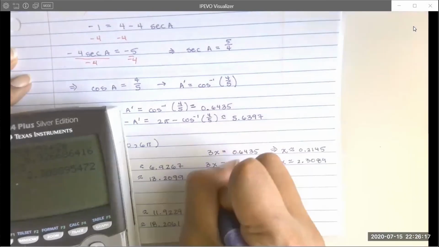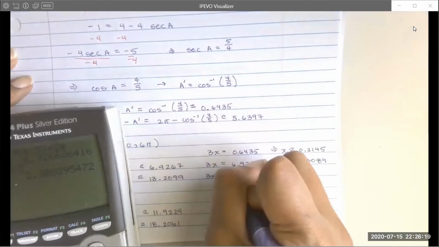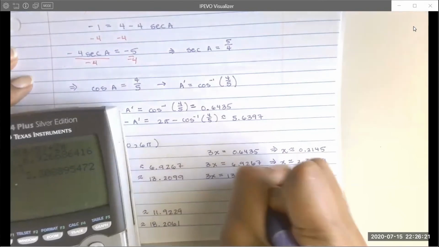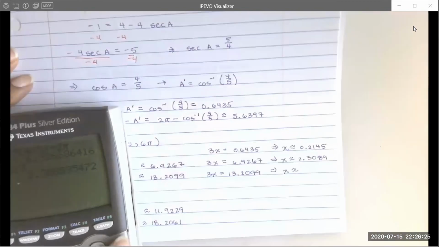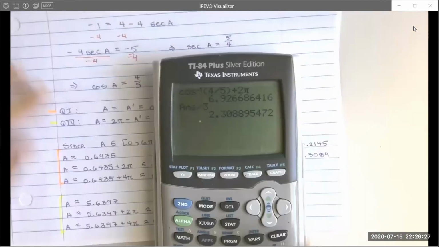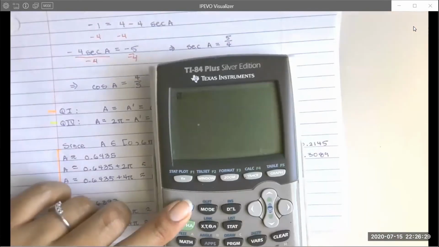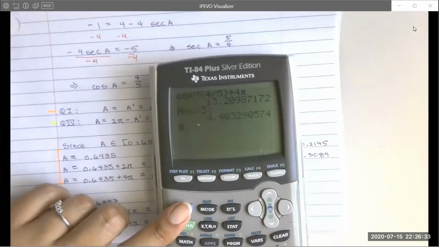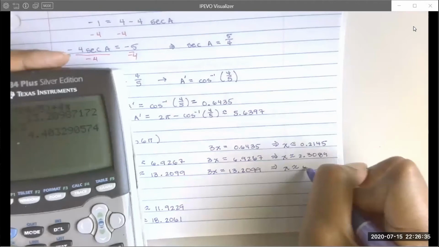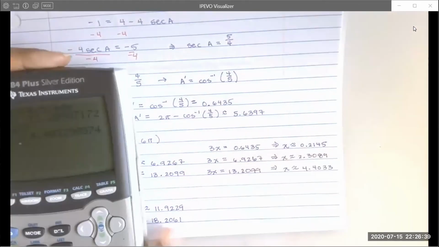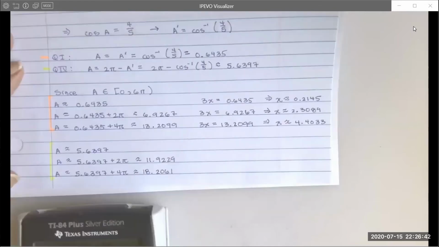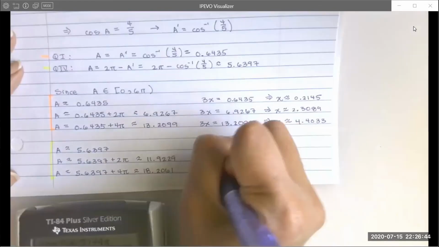And for 3x being 13.2099, we get x is approximately 4.4033. Repeat the process here. I know this is very tedious work.